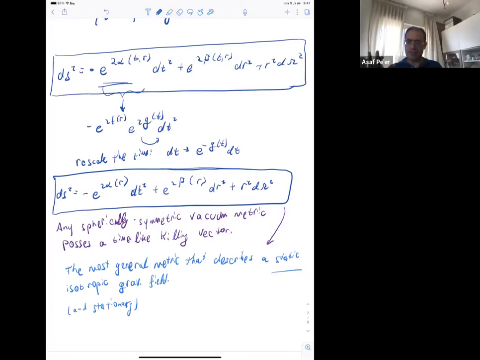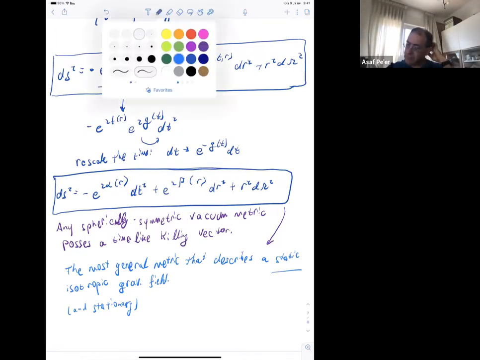Stationary, it moves, but in such a way that it doesn't really change in time. It moves, but in a symmetric way, essentially. Okay, we are getting somewhere, but that's still not enough.